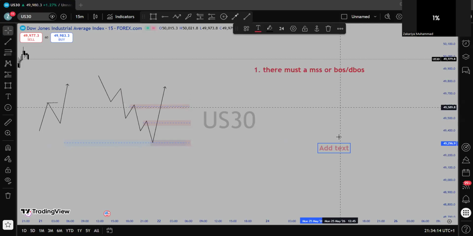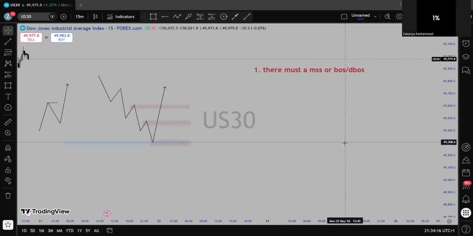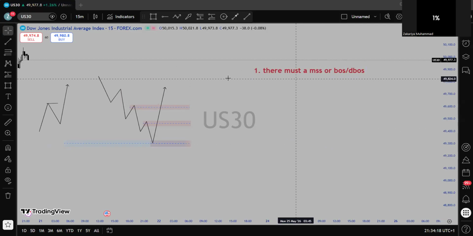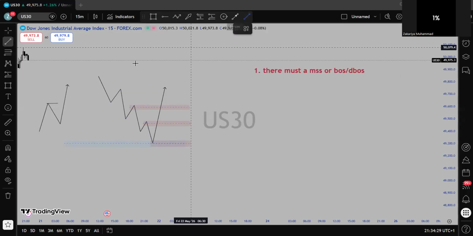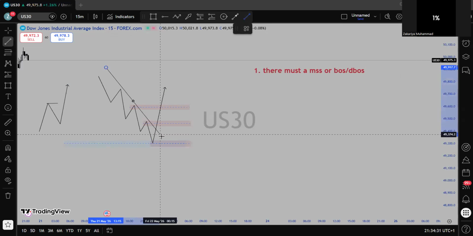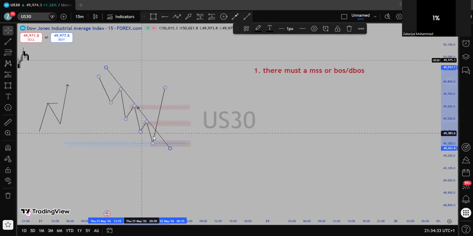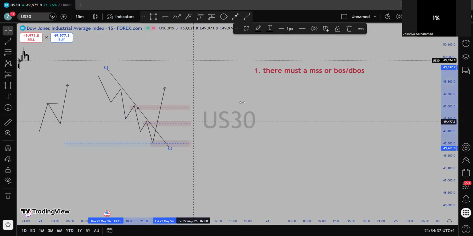For you to take a buy or a sell in a market, there must be a market structure shift. A market structure shift is when the market invalidates the last lower high, when we have a downtrend, after it tapped into a demand area, which we will talk about when we come to directional bias.